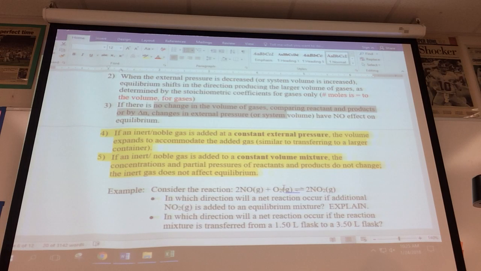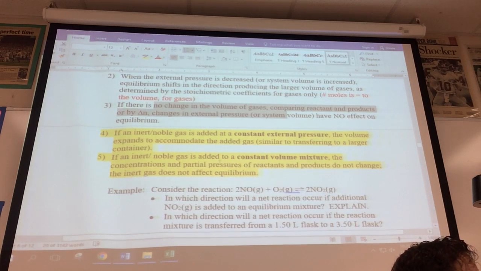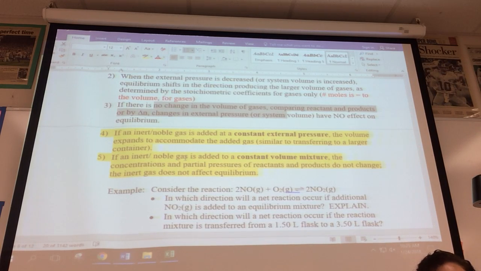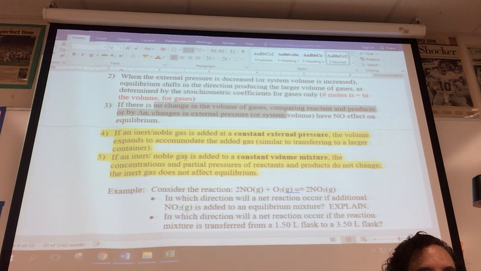So if you add a noble gas at constant pressure, equilibrium shifts to the side with the larger volume of gas to accommodate the extra gas you just added. In contrast, if that noble gas is added at constant volume, there's no effect on equilibrium because volume is constant, so a shift is not going to assist in any regard. You usually see what's listed in number 4, not 5.